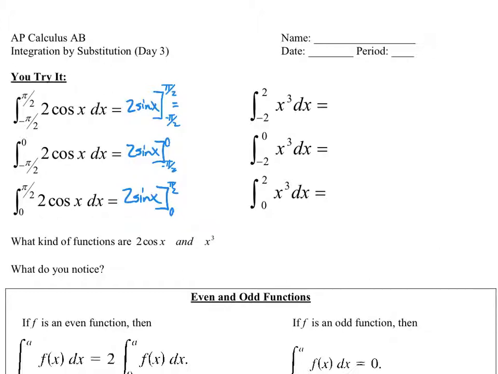Okay, so this is going to be 2 times 1 minus a negative 1. So 2 times 2 is 4. Now, what's sine of 0? 0 minus, we still have the negative pi over 2, so that's still minus a negative 1. So this is 2.